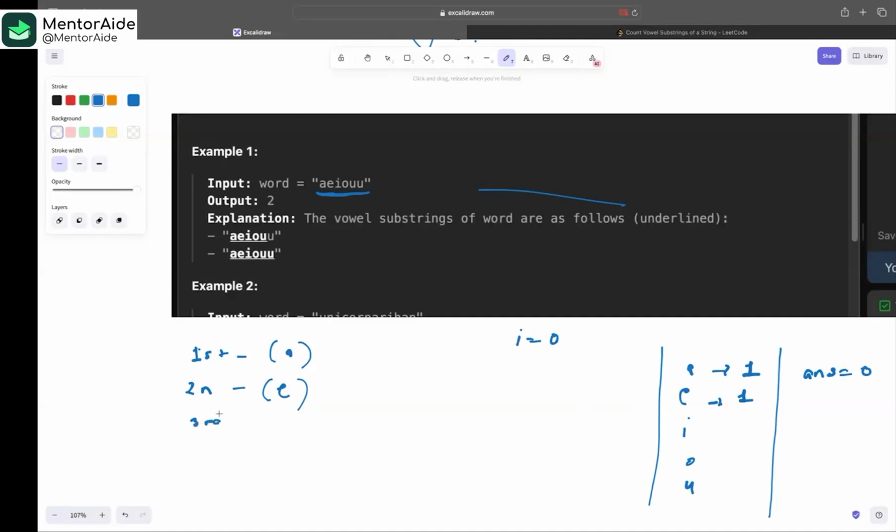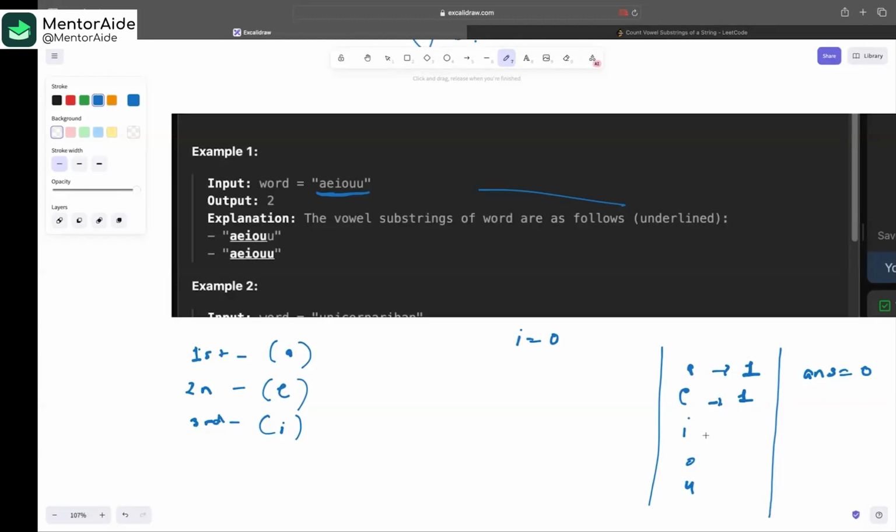Let's go to the third one. Third one is what? I. Now what will happen? According to you guys, what should happen now? The answer will not change. You'll just increase the I type.